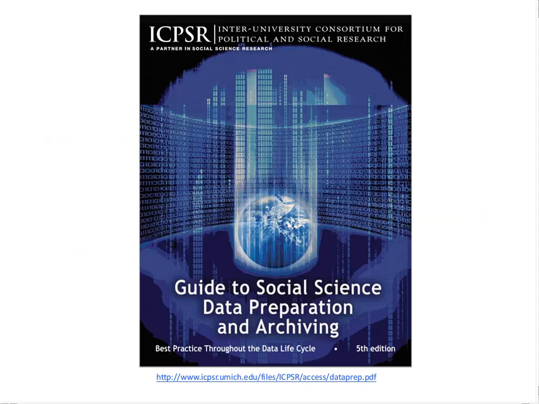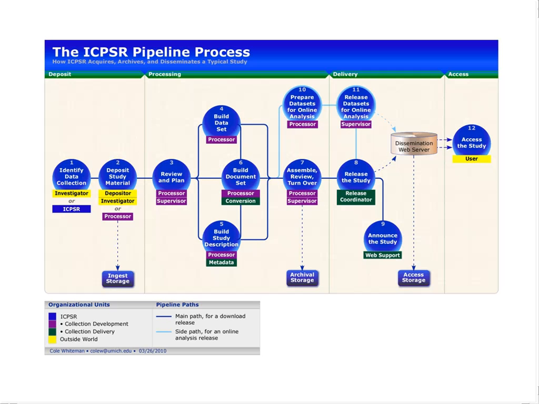On our website, there's the Guide to Social Science Data Preparation and Archiving. This is the compilation of information and best practices that we use here internally. There are some other resources out there I'll mention in a second. They're also great. There's the URL. And then on the site, we also describe some of the steps that we take here internally.